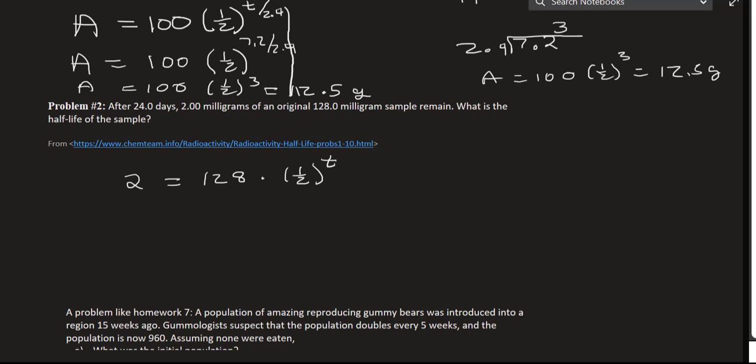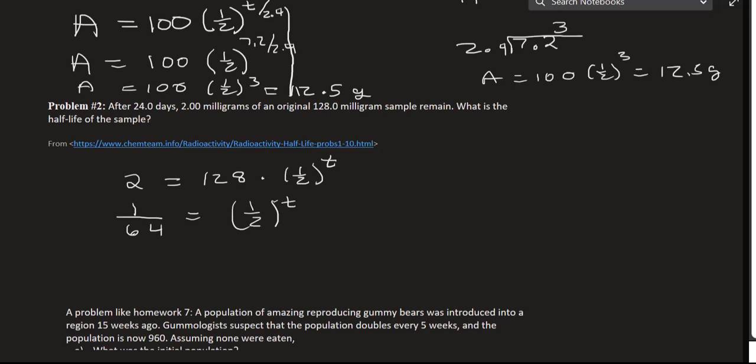This will get us the number of time periods it took to get down to 2 from 128. So 2 divided by 128 is 1 over 64 equals 1/2 to the t.